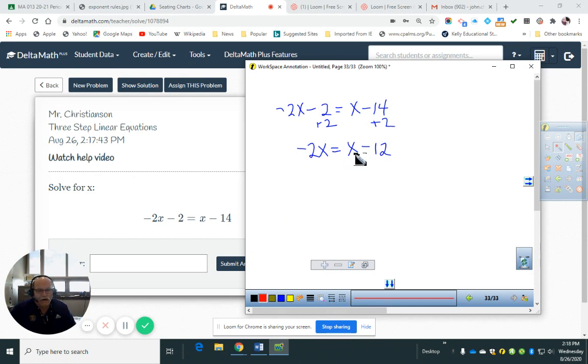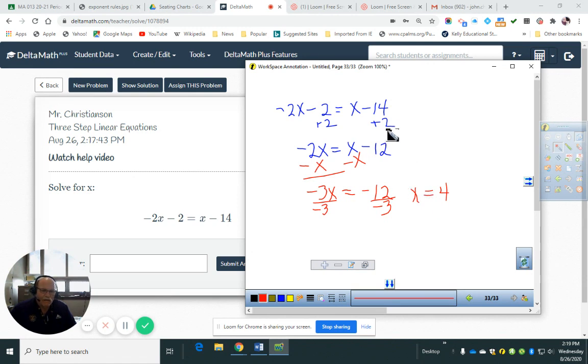And then I'm going to divide. Not going to divide yet, right? I have to get this x moved over there by subtracting x, because you're going to do whatever it takes to make this 0. And so you subtract 1x here. So over here I get negative 3x equals negative 12, right? And then divide by negative 3. And remember, dividing a negative by a negative gives me a positive 4.